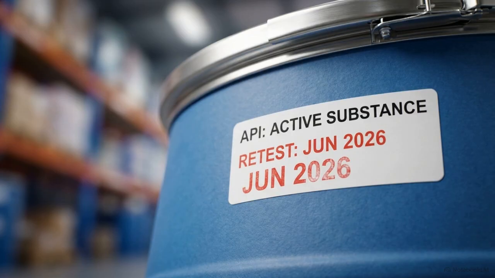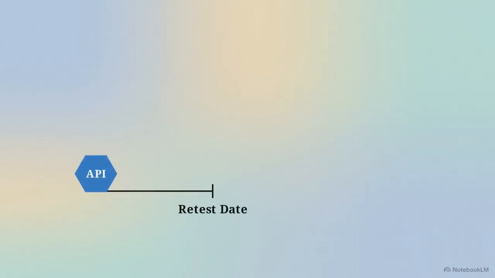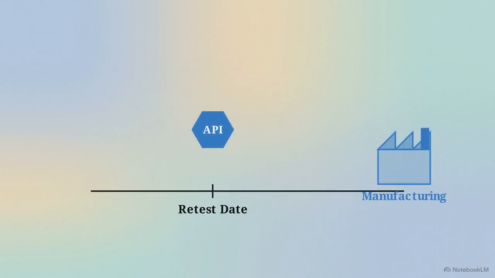So if you have a drum of API with a retest date of June 2026, reaching that month doesn't mean the material is dead. It means your quality control team now has an operational requirement to test the material again, specifically checking its purity, potency, and appearance.